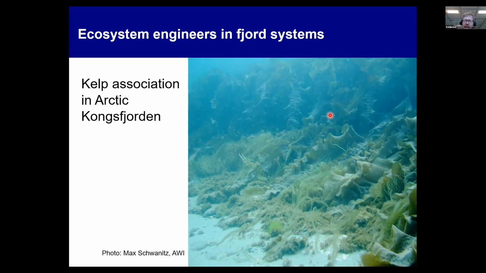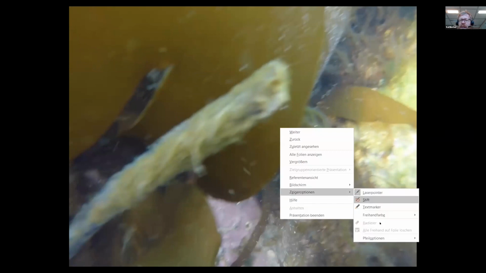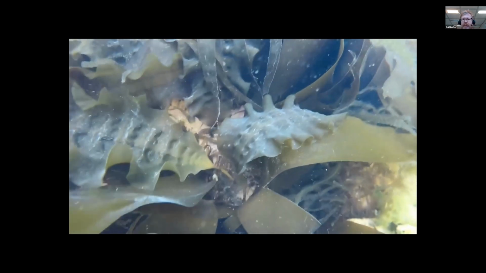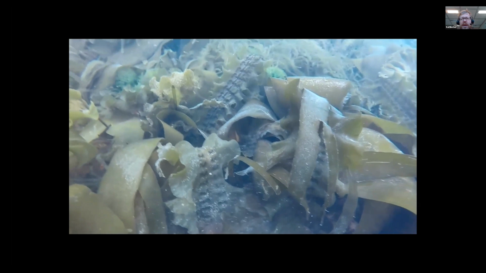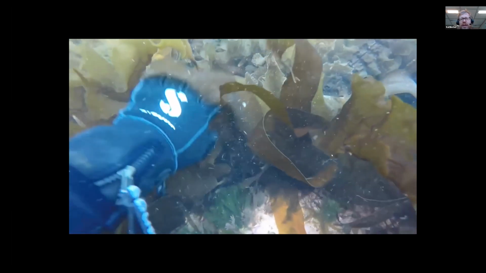So let's have a little bit of a closer look how it looks in between. I hope this is working. It is not. Let's see. So you see this very dense vegetation underneath in complete contrast to terrestrial vegetation.